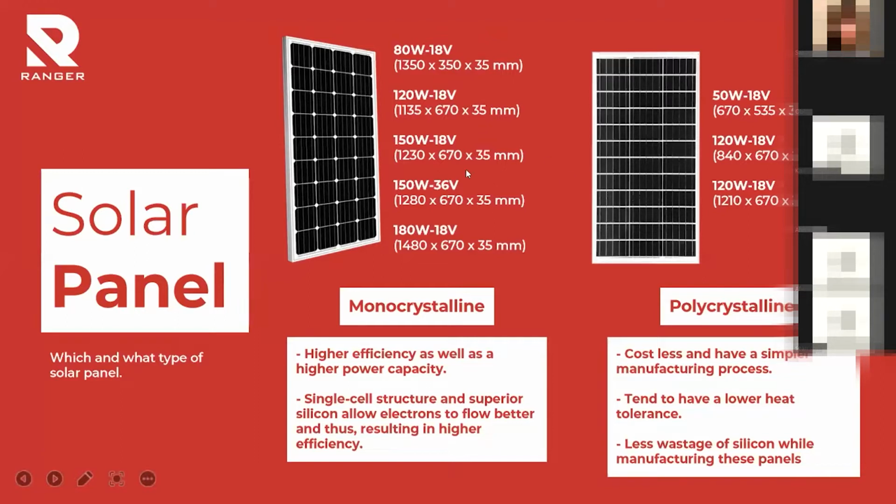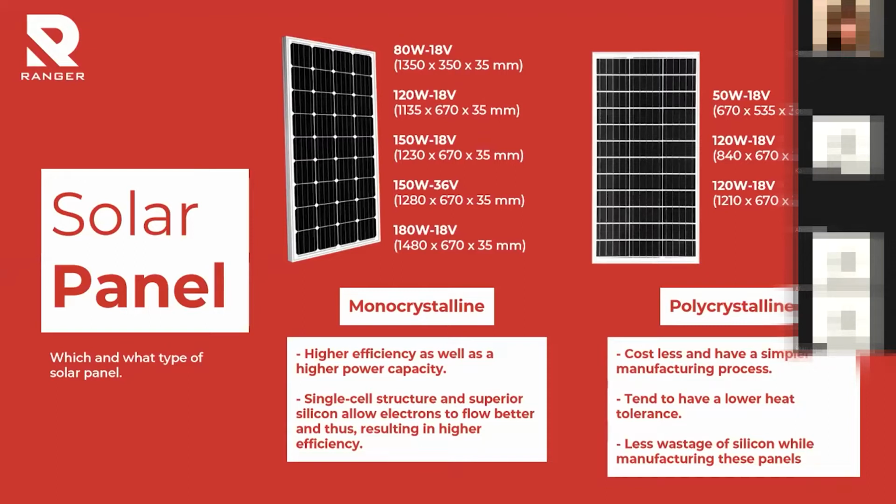Okay, mono solar panel have solar cells that are made from a single crystal of silicon. Then polycrystalline solar panel have solar cells made from several fragments of silicon that are melted together.